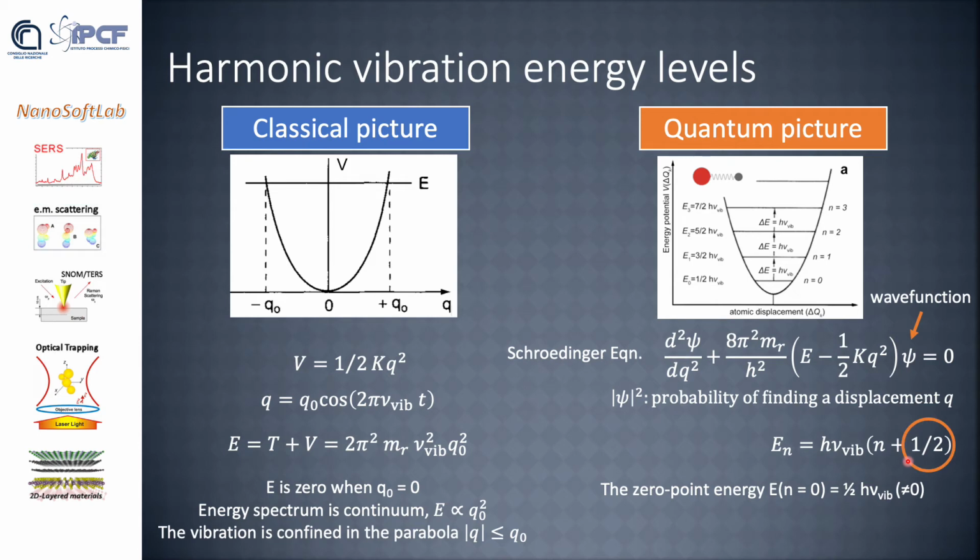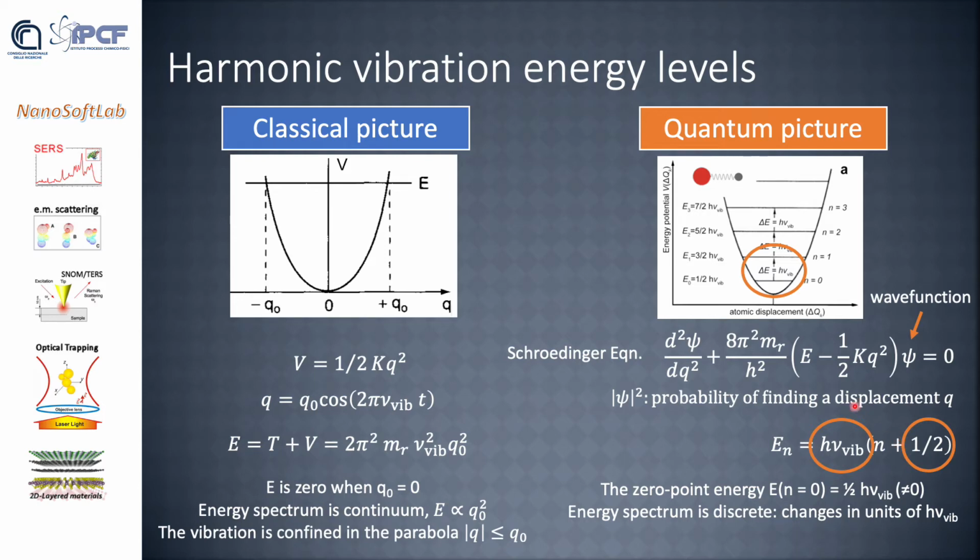What is important and what is different with respect to the classical picture is that now the zero-point energy, that is the energy when n equals 0, is no more 0. But there is a zero-point energy that is different from 0, and it's 1/2 h nu vib. Okay? And another important thing, of course, is the energy spectrum is discrete.